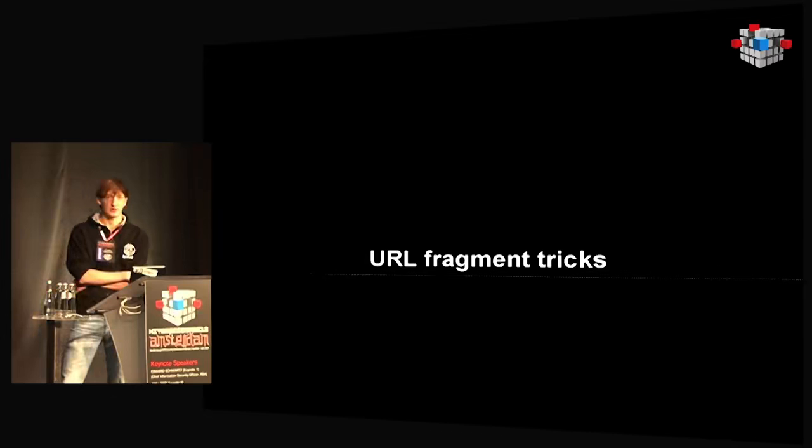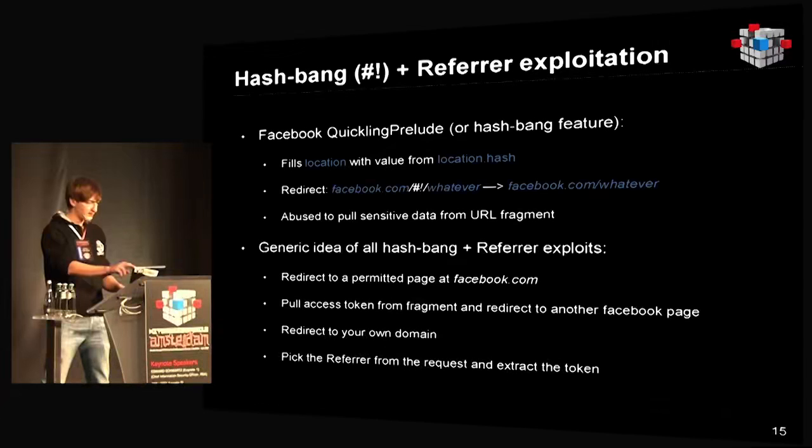The next paragraph will be about what I would call attacking the core OAuth defense mechanism for access tokens, the URL fragment. The whole task for this chapter is how to extract, how to leak access tokens with tricks with the URL. First, I think everybody has seen the so-called hashbang navigation in Facebook.